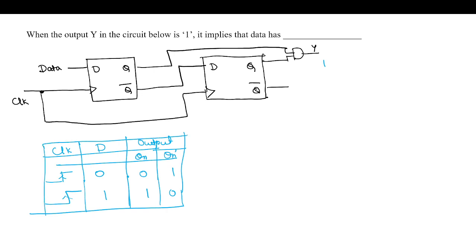Now with this, what is Y actually? It is Q. If I take this as Q1, and Q2, I will take this as plus for the next state. So Q1 plus, Q2.